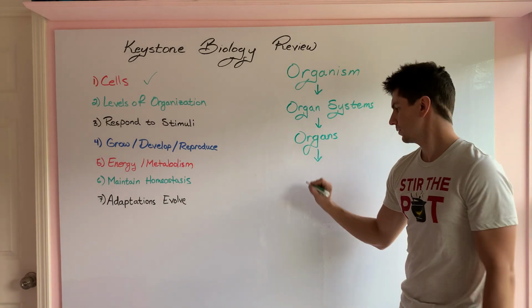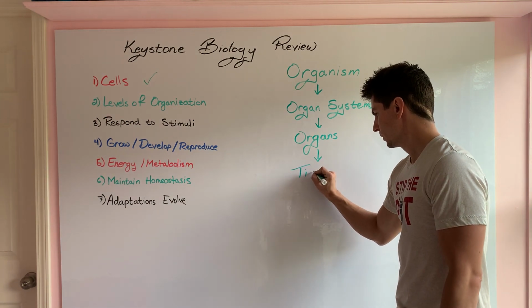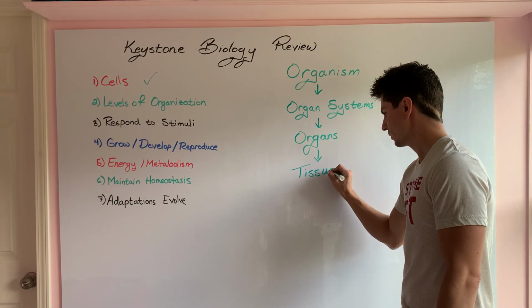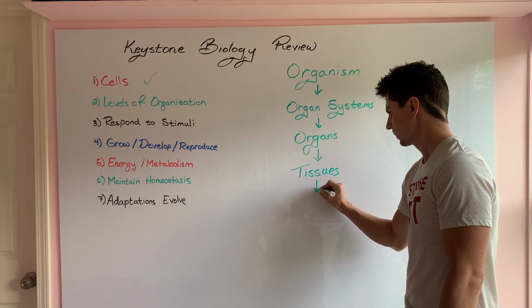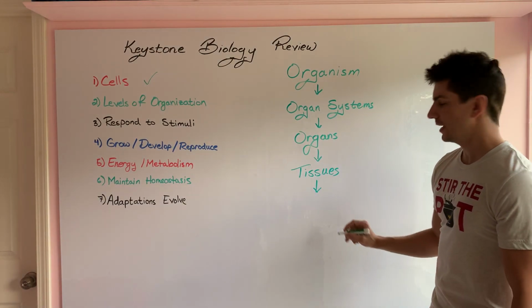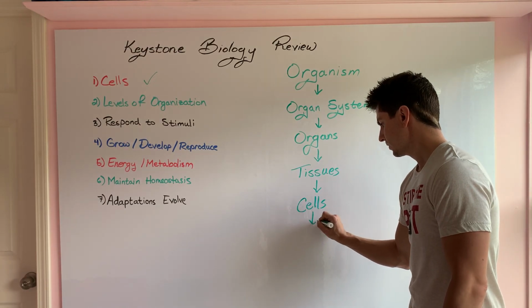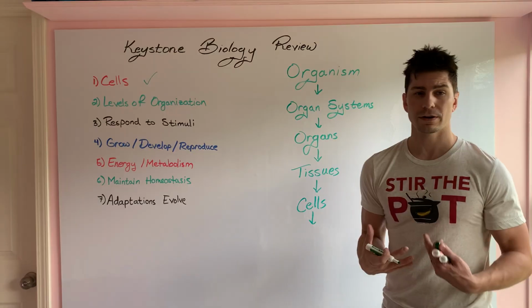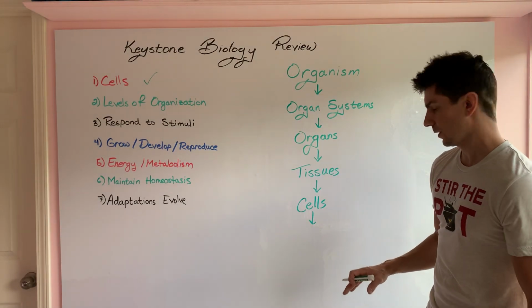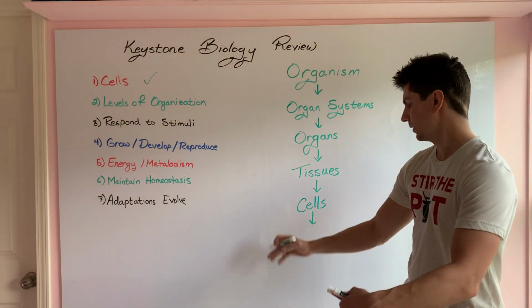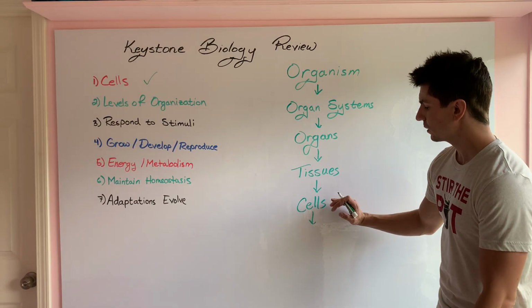Break our organs down, we would have some tissues. Break the tissues down, tissues are going to be made up of individual cells. And since we're talking about us, we are eukaryotic cells, like I said before. We are not prokaryotic cells like bacteria. We're eukaryotic.